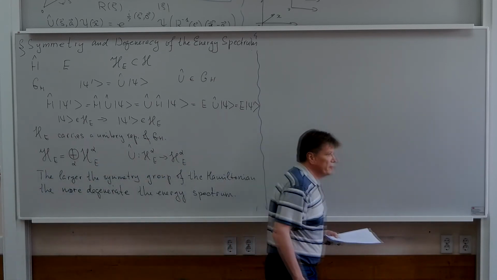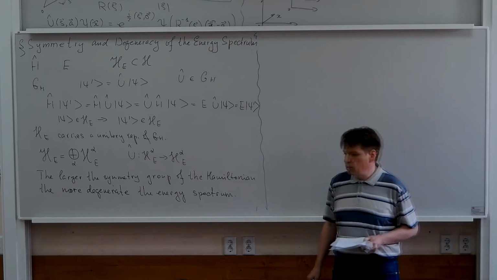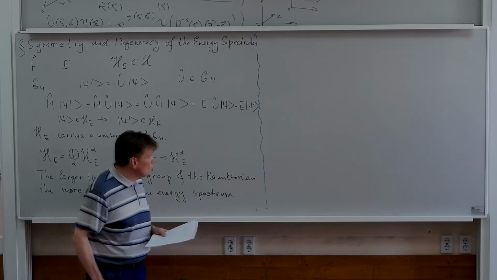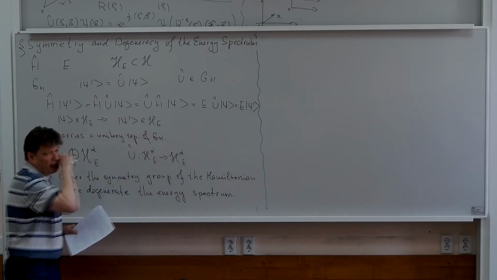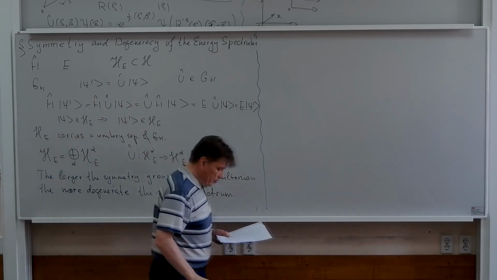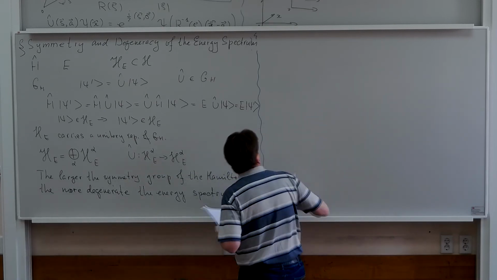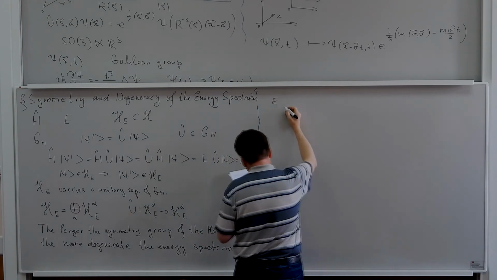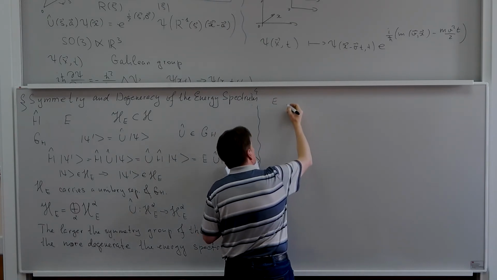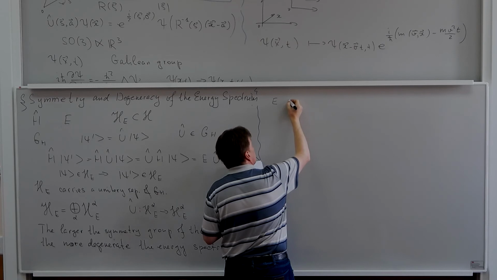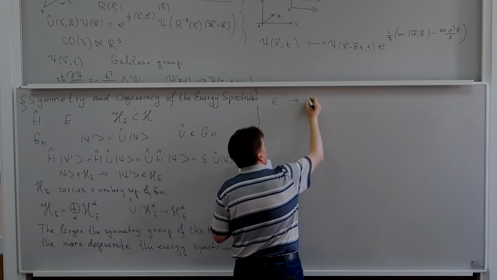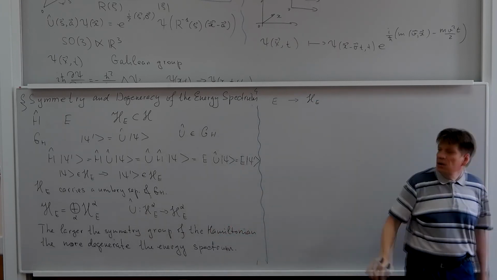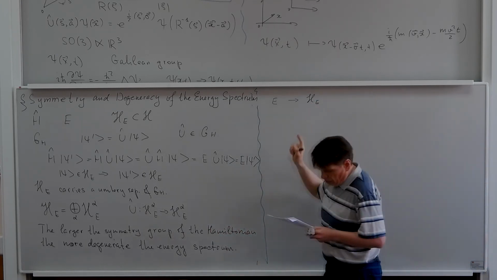Therefore, in a practical situation, we may assume that the representation in each eigenspace H_E is irreducible, so that to each eigenvalue E there corresponds a definite irreducible representation in the eigenspace H_E.